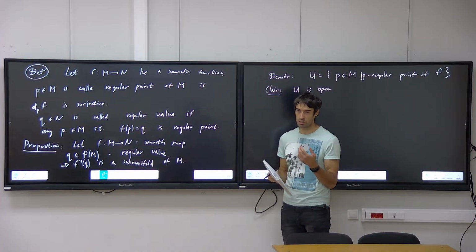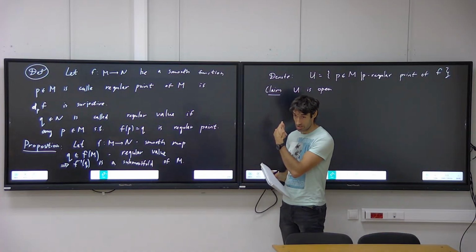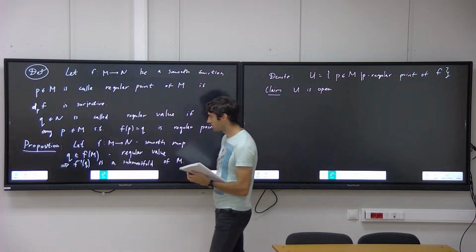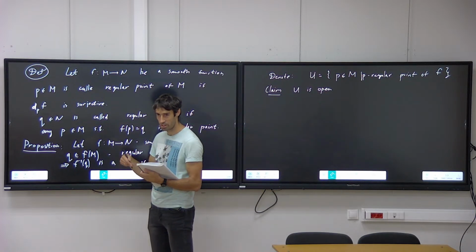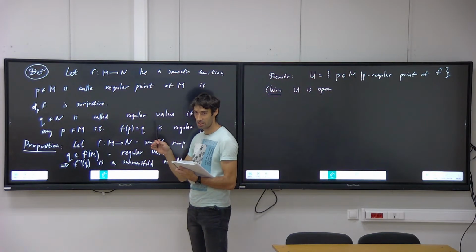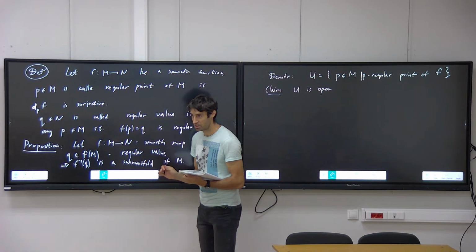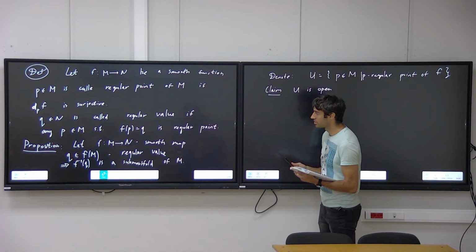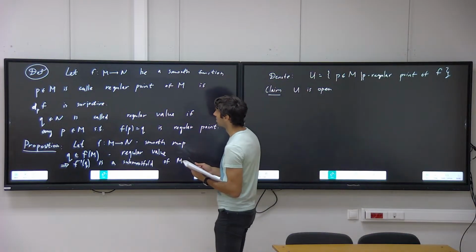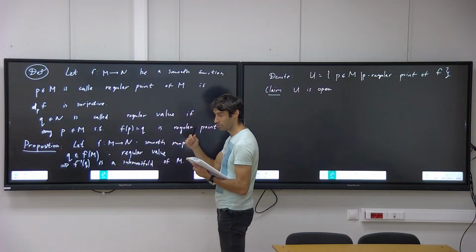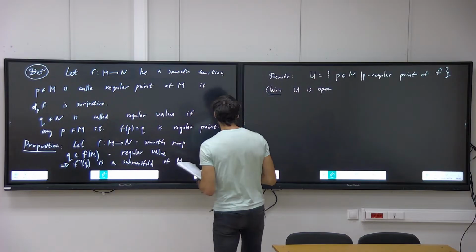So the idea is the following: I want U to be a submanifold, right? Then I can restrict myself to this submanifold. Then my f becomes of constant rank, and then I can just use the previous theorem about the level set of a map of constant rank, right?